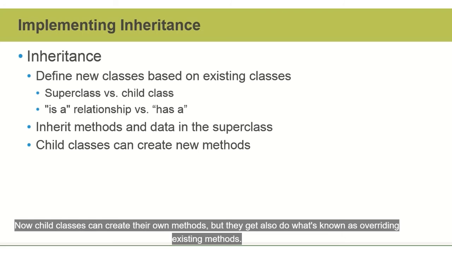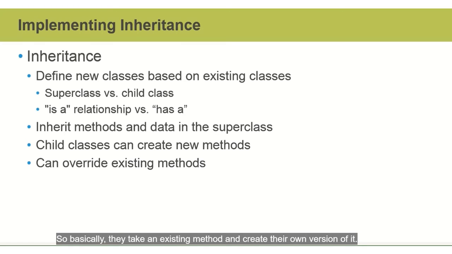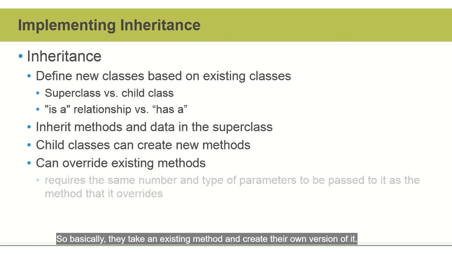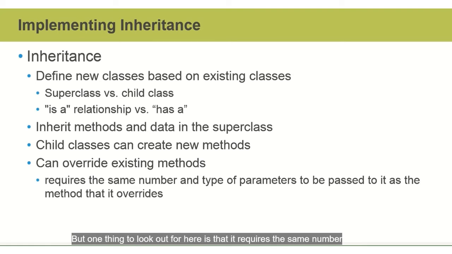Child classes can create their own methods, but they can also do what's known as overriding existing methods. So basically, they take an existing method and create their own version of it. But one thing to look out for here is that it requires the same number and type of parameters to be passed to it as the method it overrides.